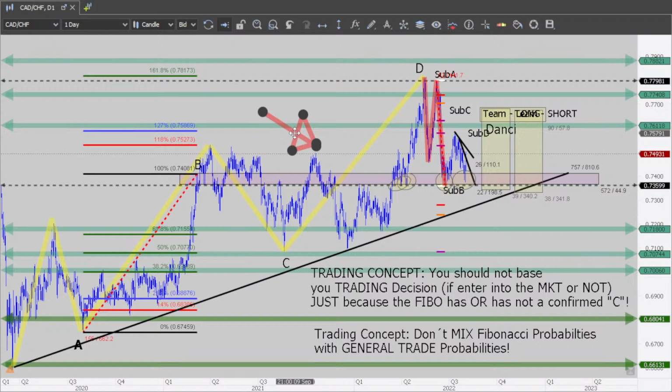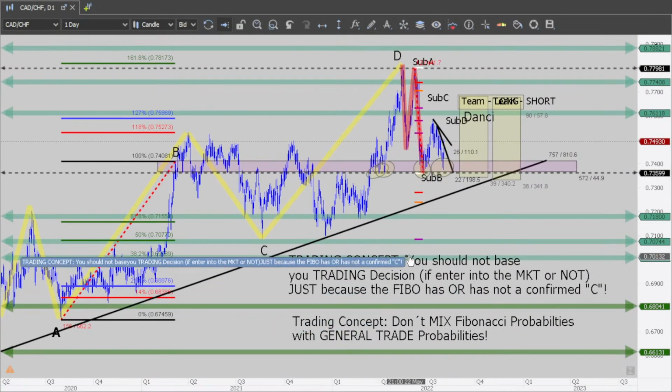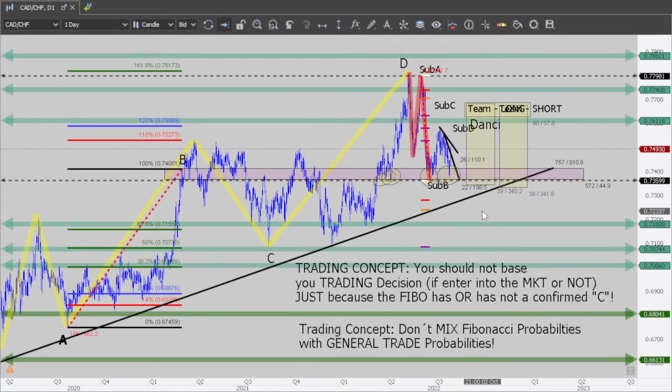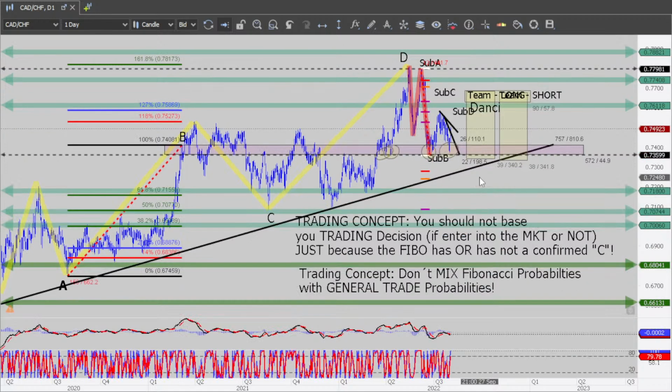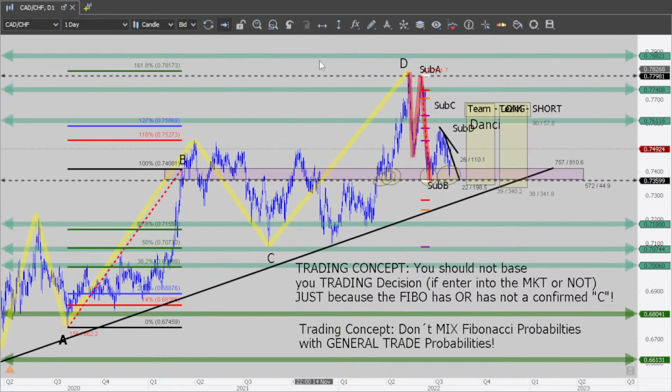Queen says, well, if we based our trading decision on the Fibonacci, then we go long now. What about risk reward? We must put the stop loss below the A. Great question. What do you think? So if you are seeing something like this, and you are learning the Fibonacci's, Queen is absolutely correct.